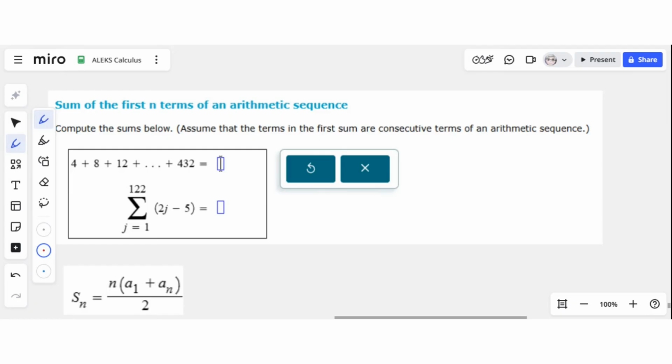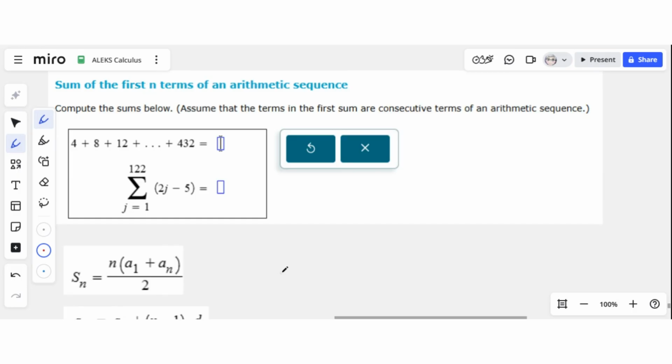So let's see how we go about this. On the first one, what we want to do is use the formula for the sum of the items in a sequence. The sum is equal to n, which is the number of terms in your sequence, times the first term plus the last term, all of that divided by 2.